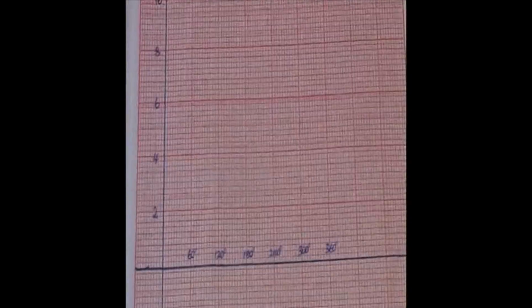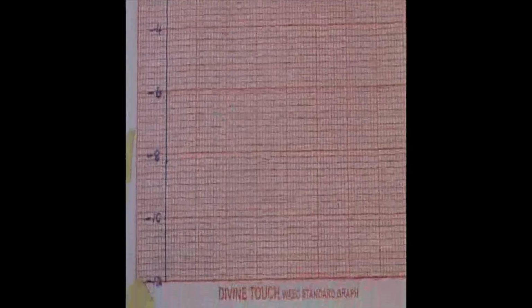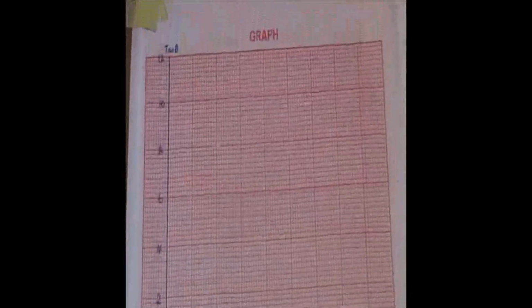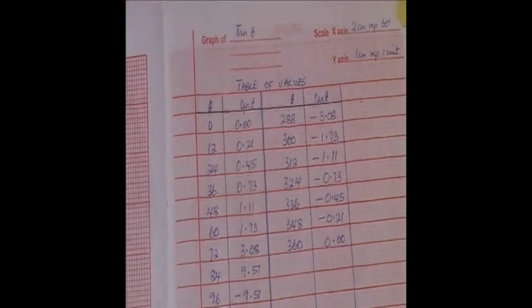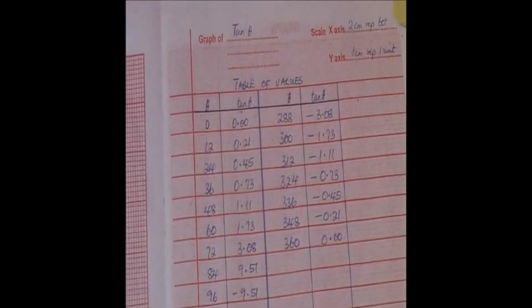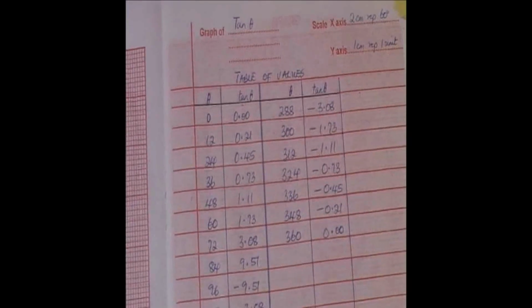So this is the calibrated graph portion of our graph paper, and it's calibrated based on our scale that says 2 cm represents 60 degrees on x or theta axis.